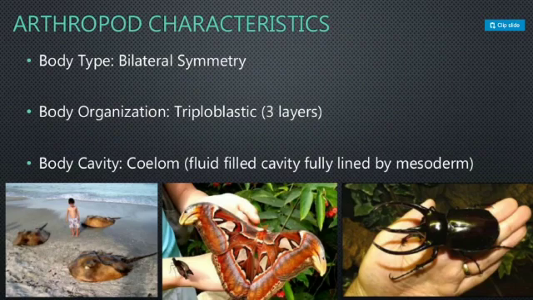As far as their body cavity is concerned, they have a true type of coelom, which is a fluid-filled cavity fully lined by the mesoderm, but their body is also hemocoel, which means that body fluid is running throughout the body and is bathing the tissues and the organs. So that means their circulatory system is not of closed type, but they have an open type of circulatory system.